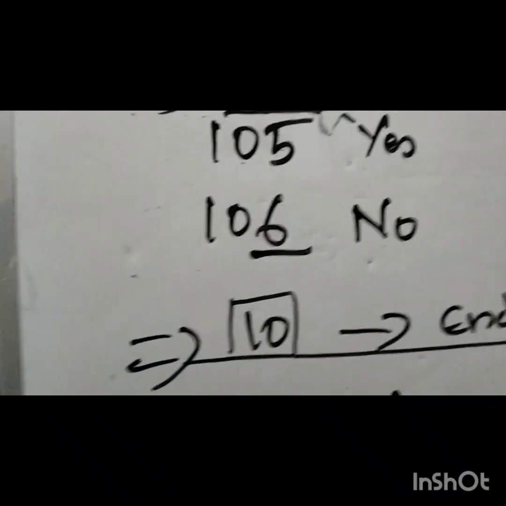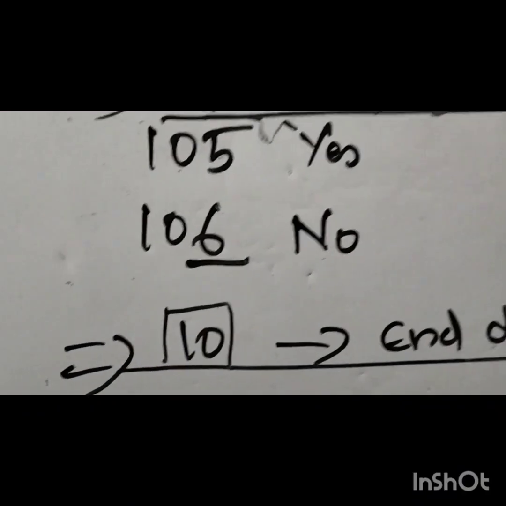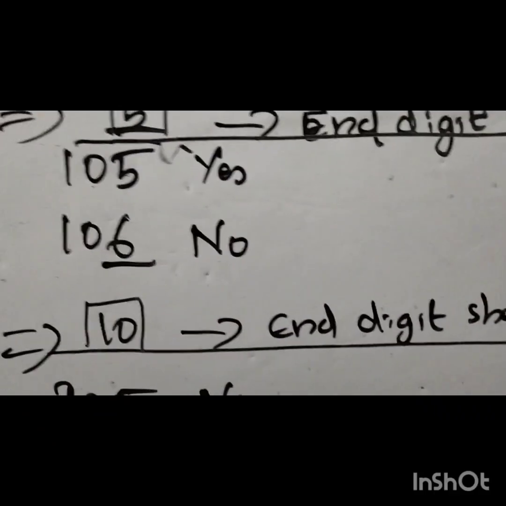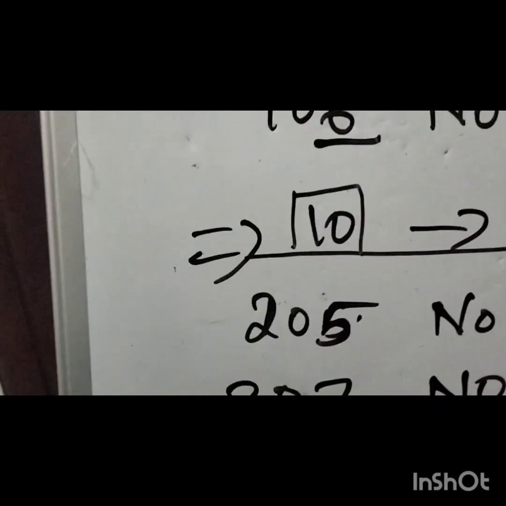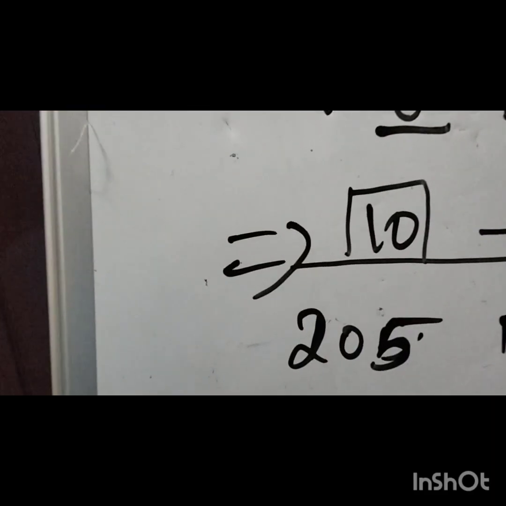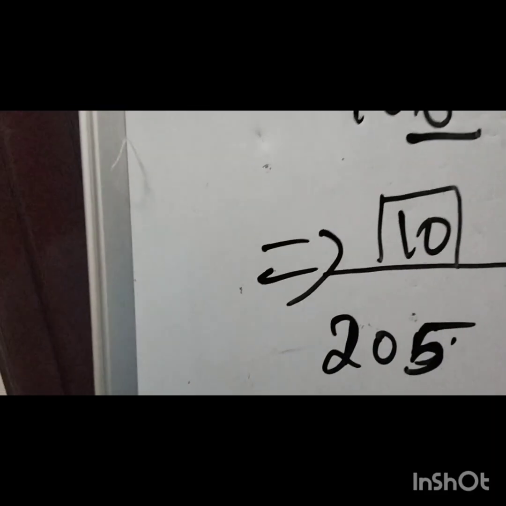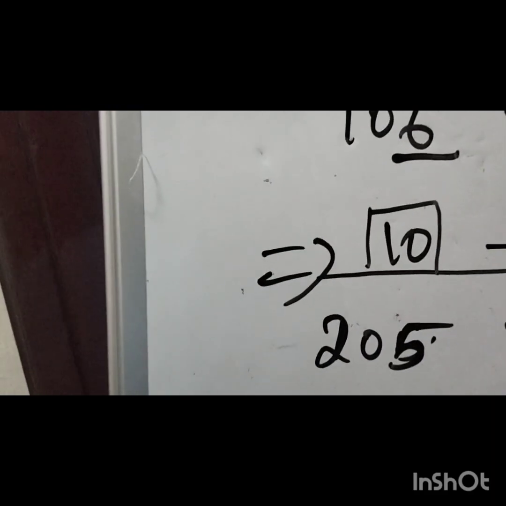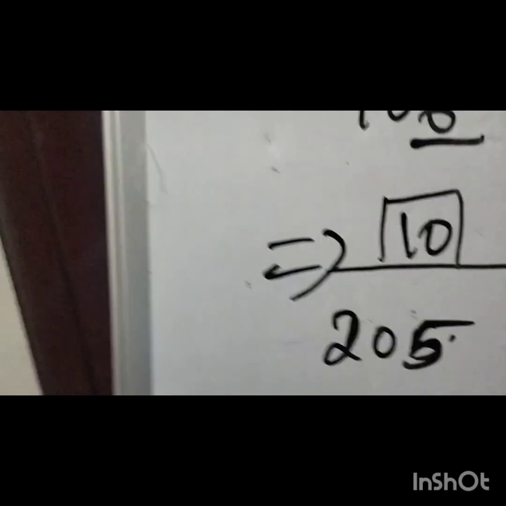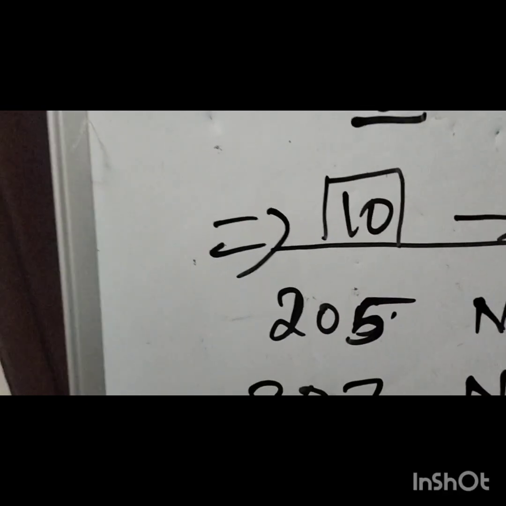And what is the divisibility rule of 10? If the end digit is 0, it is divisible by 10. One question: 205. No, the end digit should be 0 for the divisibility rule of 10. If you ask whether 205 is divisible by 5, yes, it is correct, as the end digit is 5.